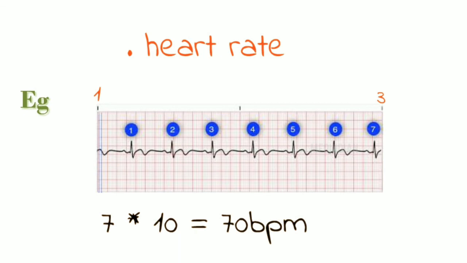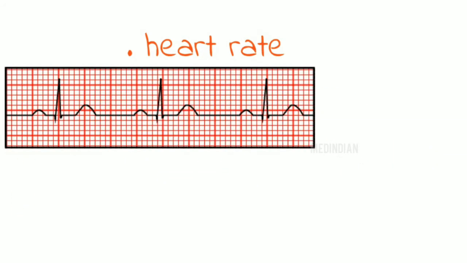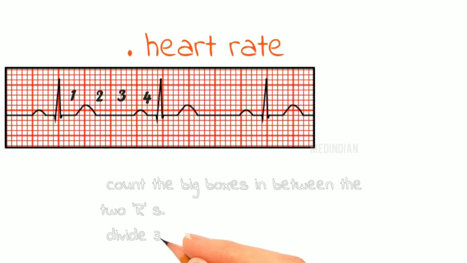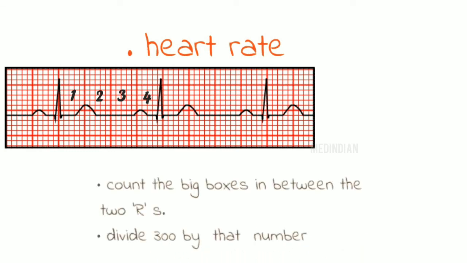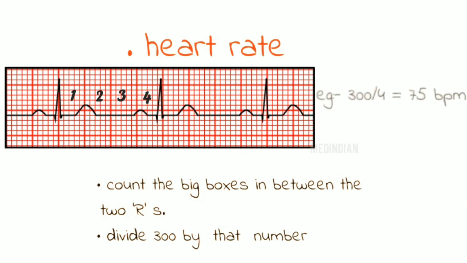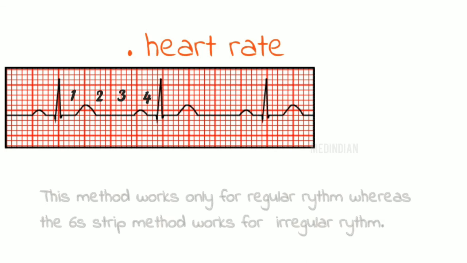So we'll get the heart rate. If it is not a 6-second strip, then we have to count the big boxes between 2 R's and divide 300 by that number. This works only for a regular rhythm, whereas the 6-second strip method works for irregular rhythm too.